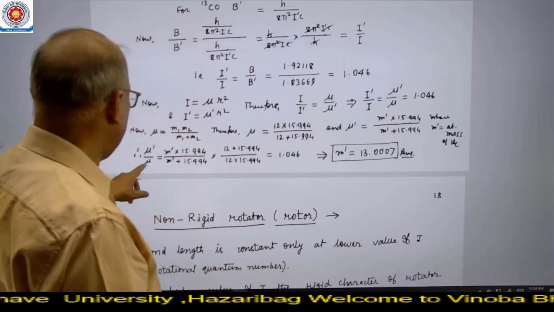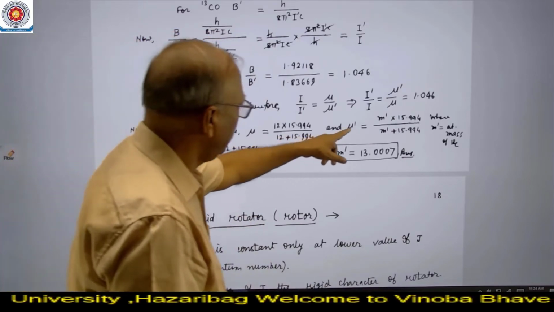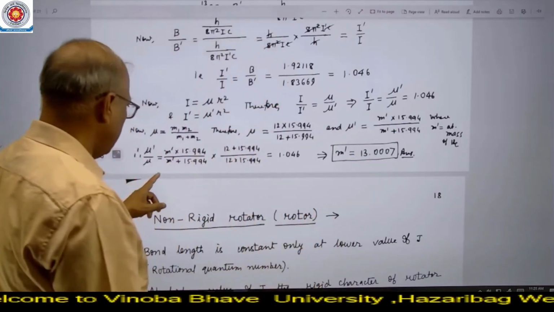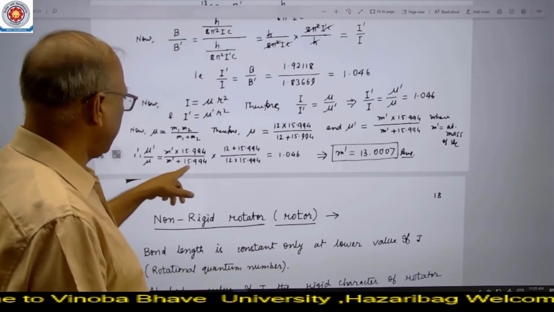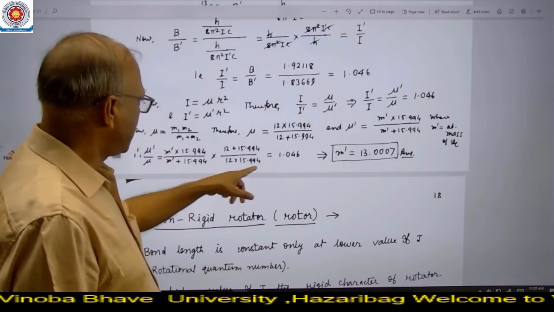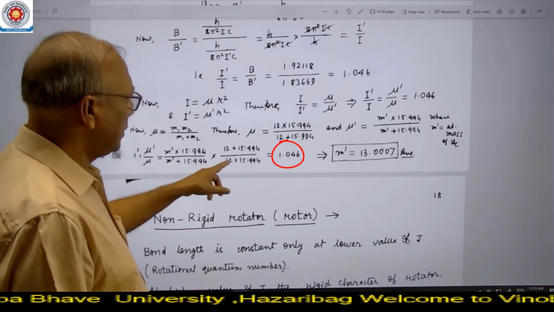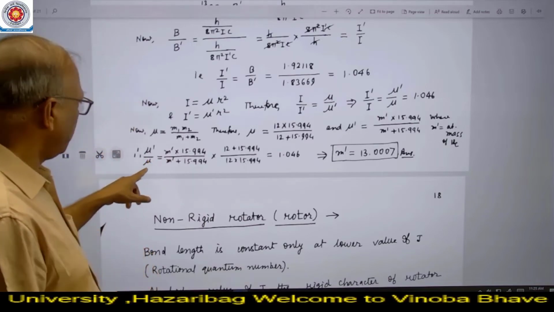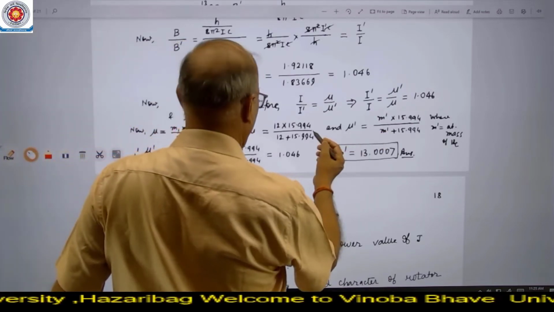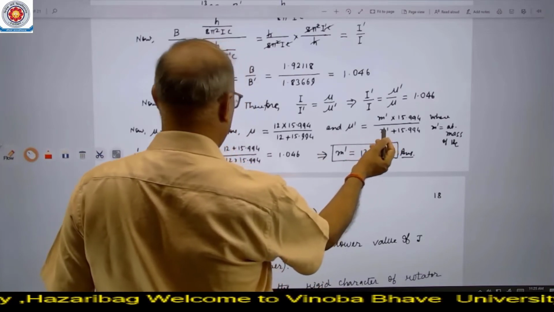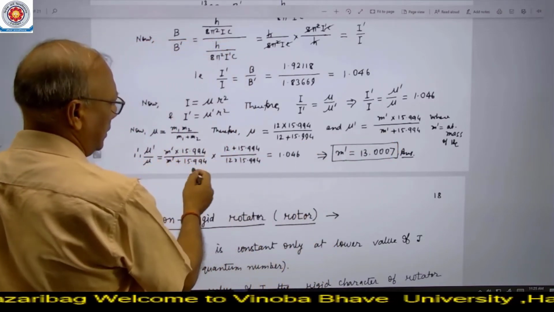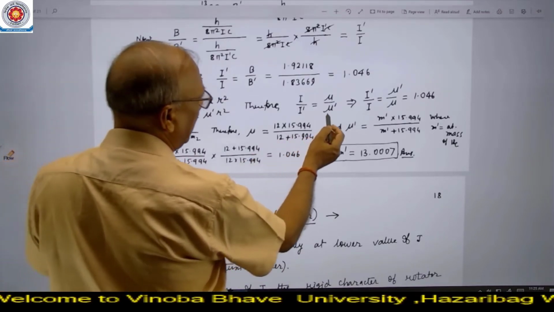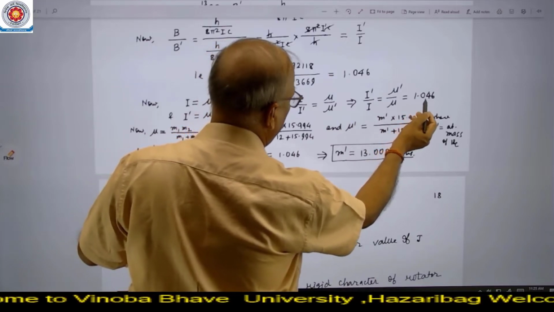Now if we take the ratio of mu and mu prime, then we take the two expressions like this, and when calculated it comes as 1.046. Here mu prime by mu is equal to this term divided by this term. So the expression will be like this, and this mu prime by mu has already been calculated as 1.046.